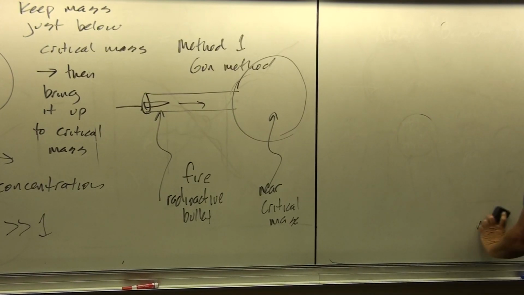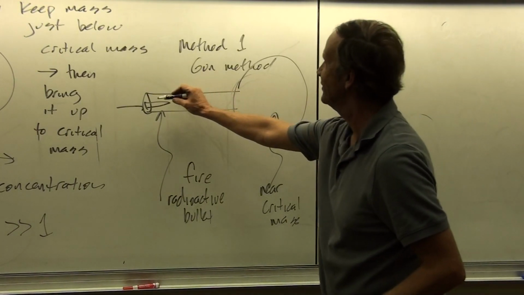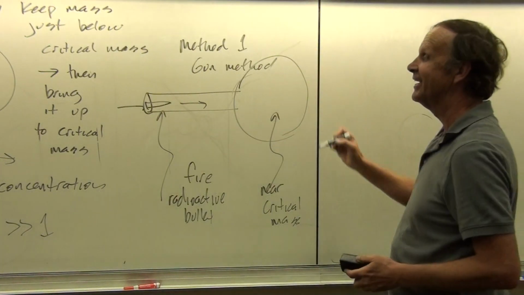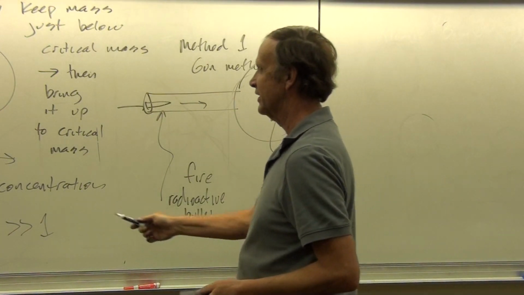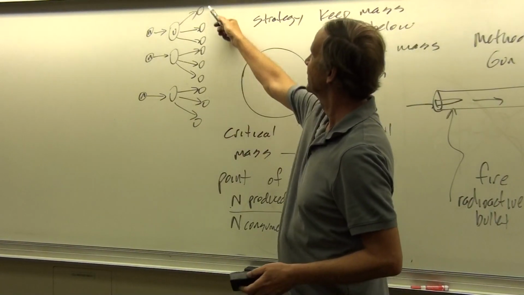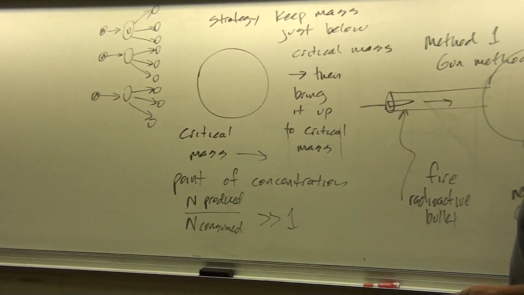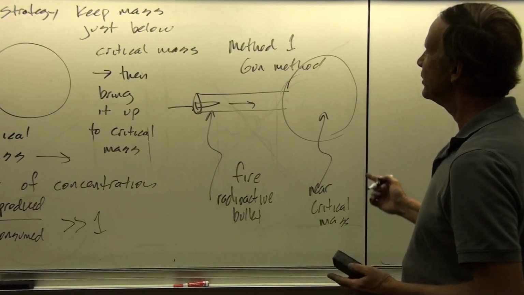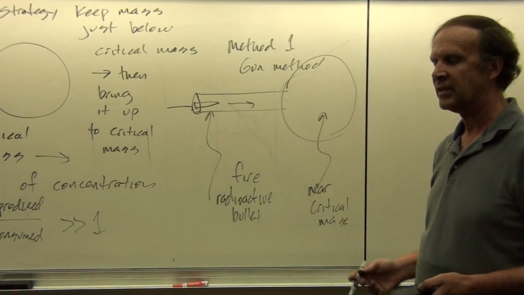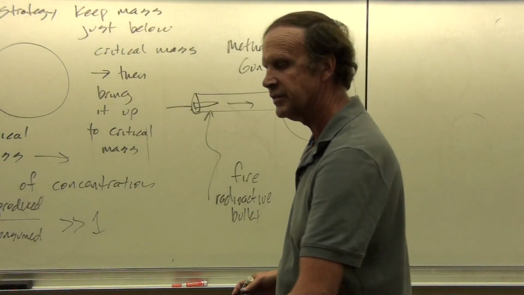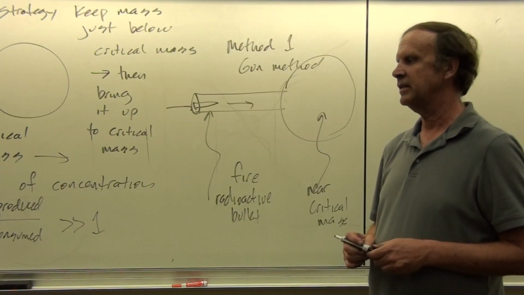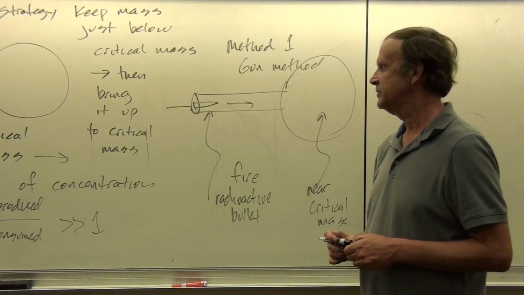So we get it just close enough to critical mass so that when this thing buries itself in, it pushes it over that line. And then suddenly the number of neutrons produced divided by the number consumed goes exponential, and the thing blows up. The problem was, this didn't work for plutonium. And plutonium was the first material that the scientists got at Los Alamos to work with.